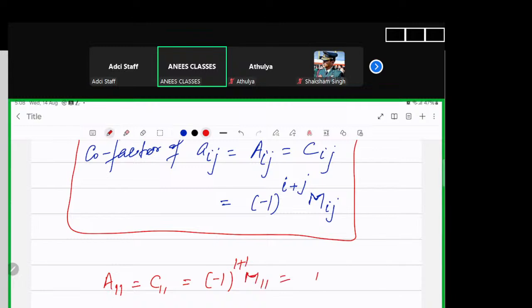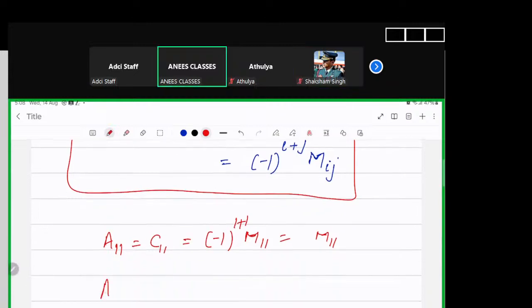So exactly what you get as the minor, the same you will get as the cofactor. Understood? Yes, sir. But suppose that you have A12, so C12 is minus 1 to the power 1 plus 2 times M12.